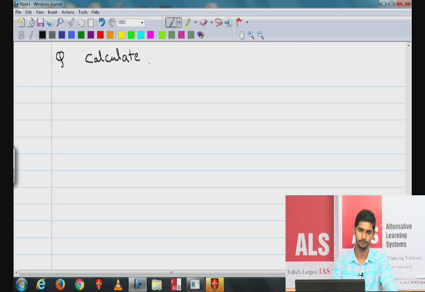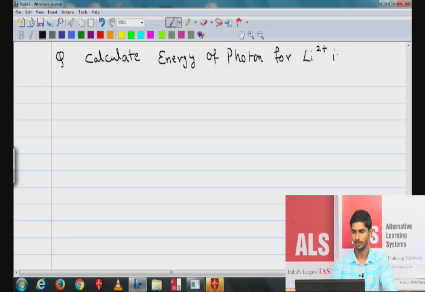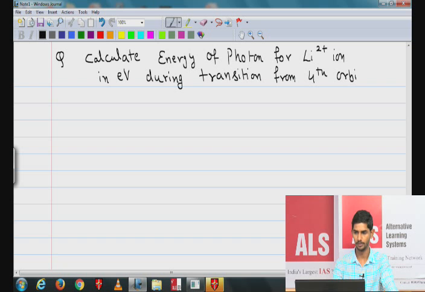Calculate the energy of photon for Li plus 2 ion in electron volt during transition from fourth orbit to, or you can write it 3, third orbit to second orbit.